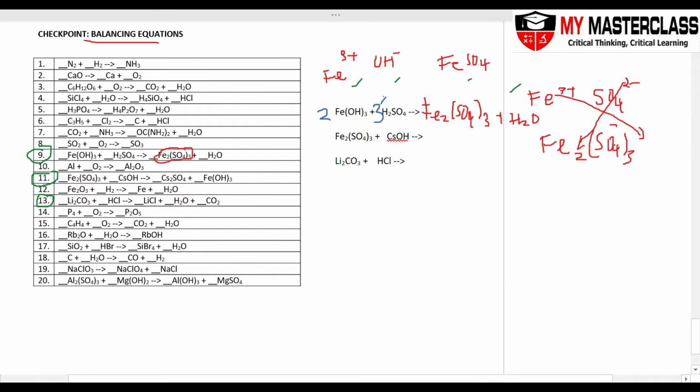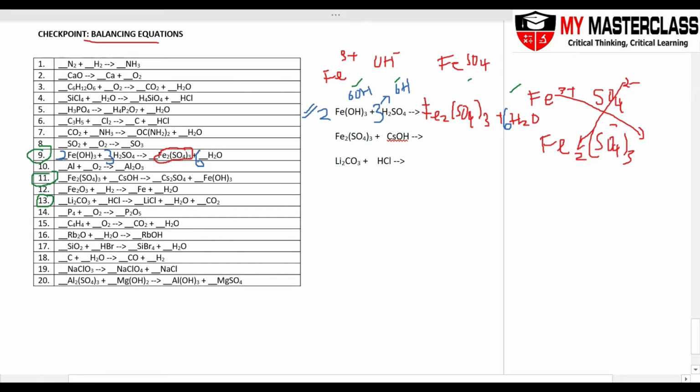So in total, there are 6 H here, and then there are 3 OH times 2 molecules, so there are also 6 OH. So 6 H and 6 OH will form 6 H2O. And this is your final balanced equation: 6, 3, 2.